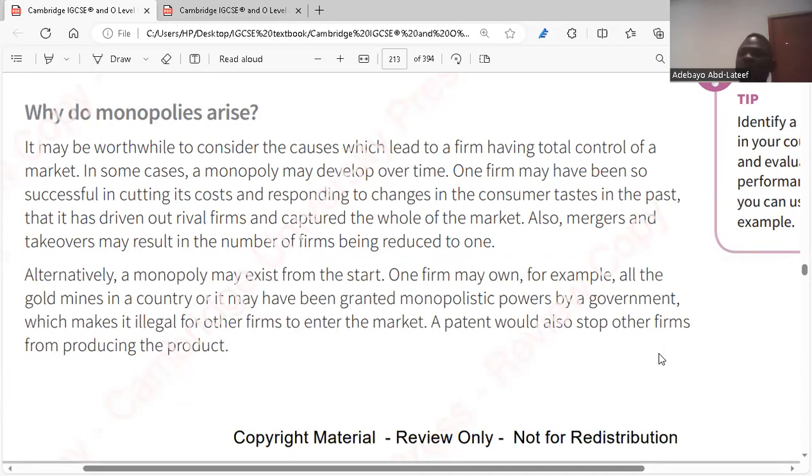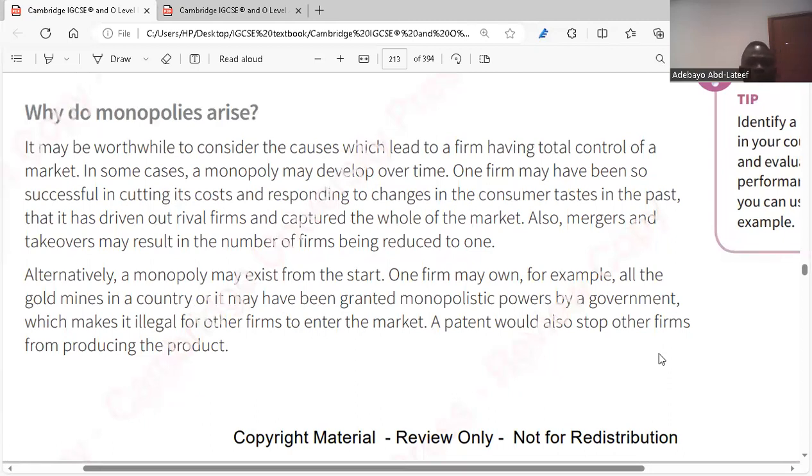So how does monopoly come into existence? The first way is that there could be a firm. There's an assumption that a firm which is responding swiftly to the needs and wants of customers, which produces goods at affordable prices, is able to attract more customers and gain more customer loyalty than the rest of the competitors.